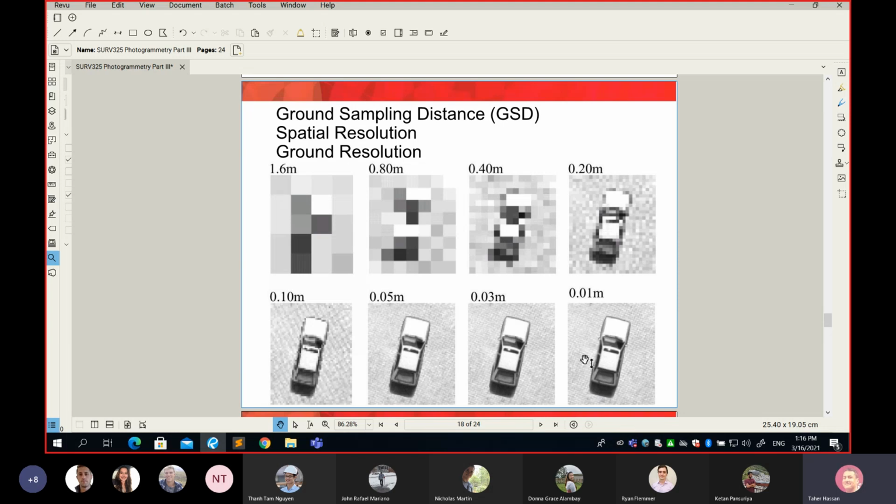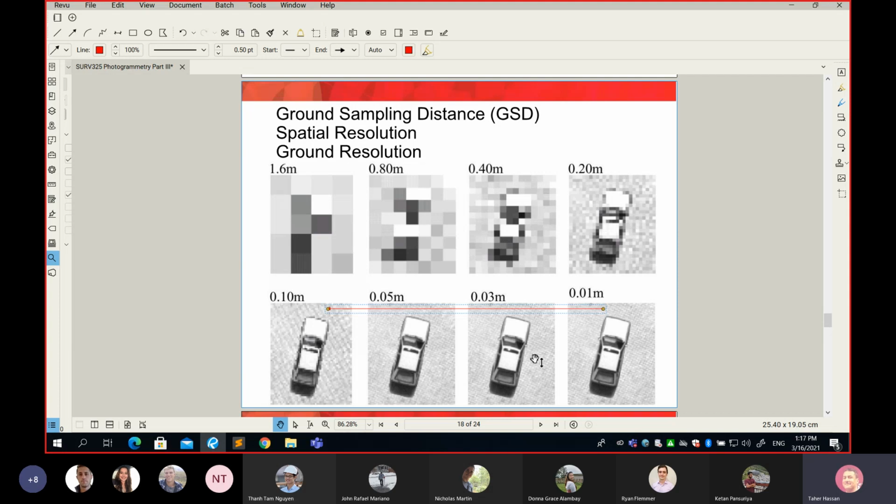It's very detailed. When you start losing or reducing the resolution, it means the number gets bigger. So here 0.03 and 0.05 and then 10 centimeters. I'm going from the right to the left. You see what's happening? We're losing details.